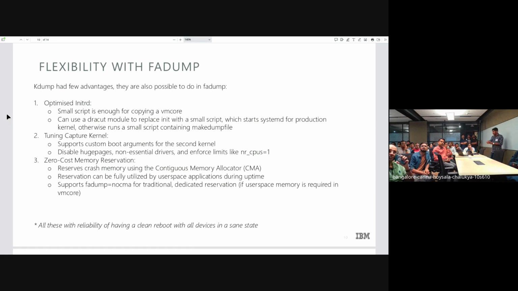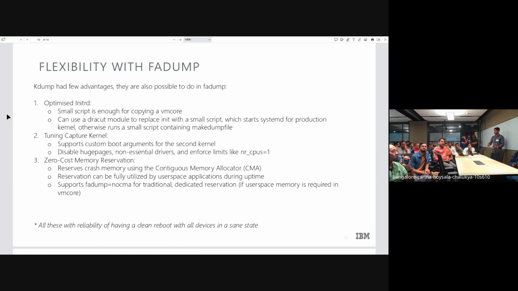I'll just end with some benefits that KDump had, like in the second kernel. If its only job is to capture a VM core, it doesn't need a lot of things. So you can basically optimize the user space, optimize the init of the capture kernel. This is generally done in KDump; KDump uses a special init for the capture kernel.